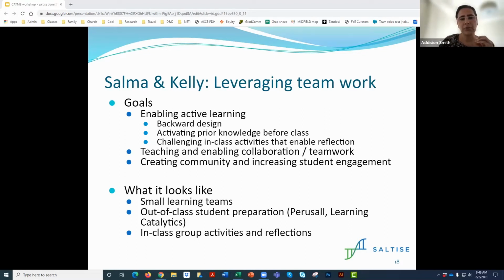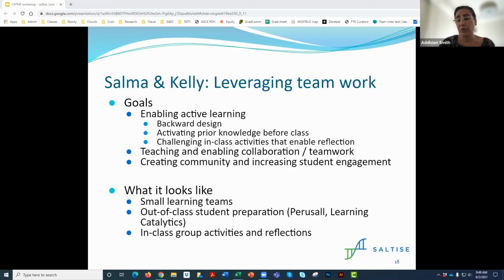And we try to challenge students with activities in class that enable them to strengthen these connections of knowledge and to actually enable them to reflect and build on what they've learned outside of the class. We also value a lot, just like Sidney discussed, teaching and enabling collaboration and teamwork.